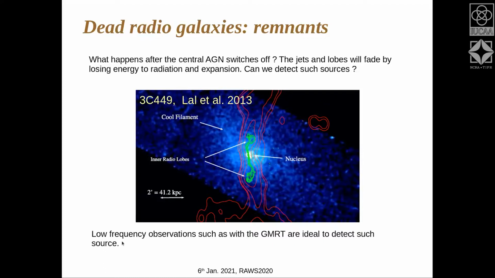But even phenomena like precession of the black hole can also make jets precess, and some of the features in radio galaxies, maybe in the radio galaxy related lecture, there will be some emphasis on that part.